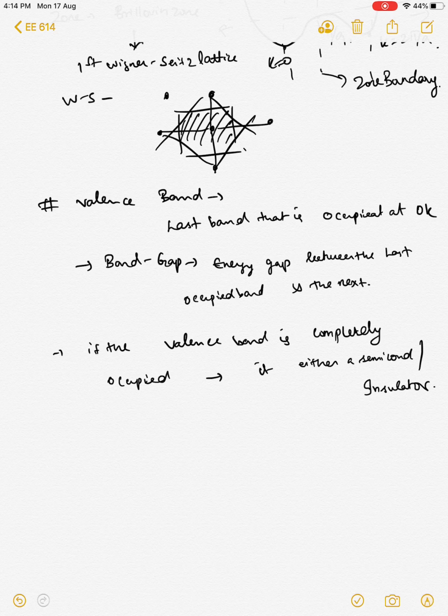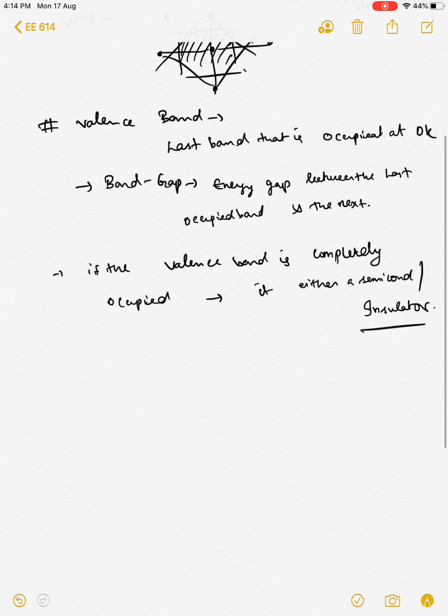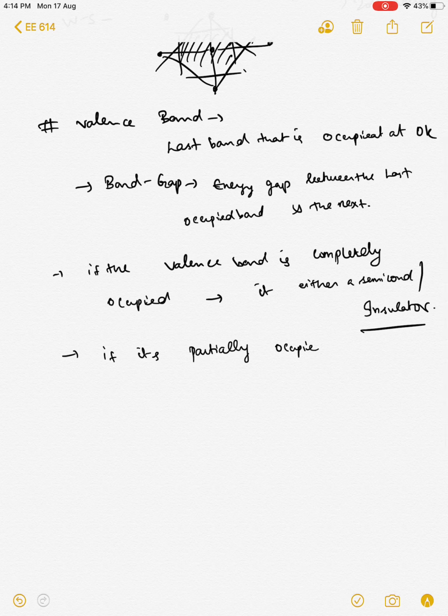We will come to this particular scenario again, but if it is incompletely occupied, if it's partially occupied, then it's a metal.